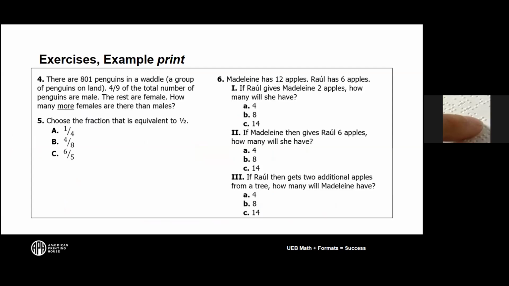So for example, if we had this series of items in print, 4, 5, and 6, and 4 has no sub-entries, 5 has answer choices, that has 1 level of sub-entries, and 6 has sub-entries that here are identified by the capital Roman numerals, I and II.